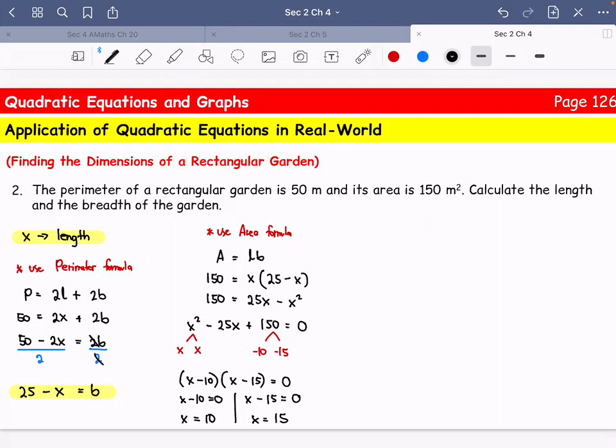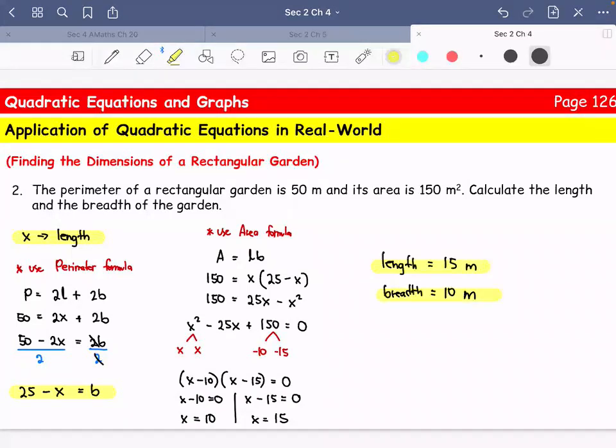Length. Okay, so if you have 10 and 15, which do you think is the length here? Okay, so the length here is what? 15, right? So 15 meters. And then obviously the breadth is equal to 10 meters. So these are your answers.